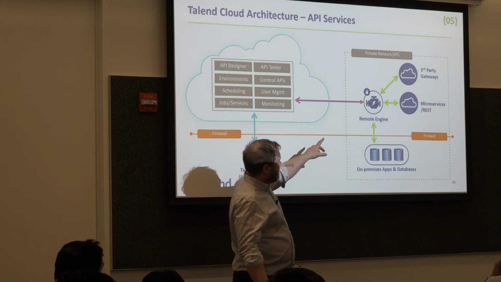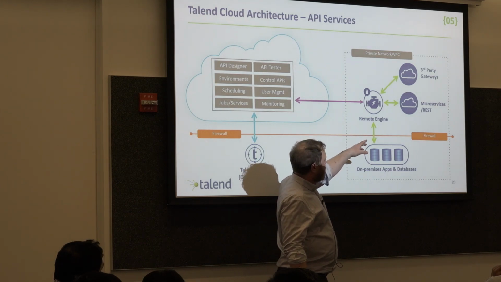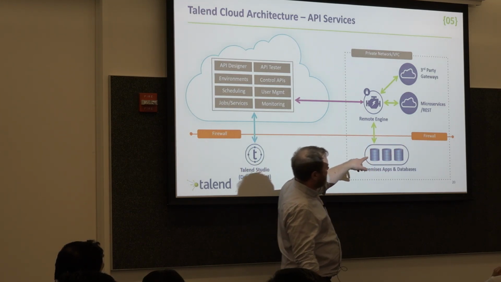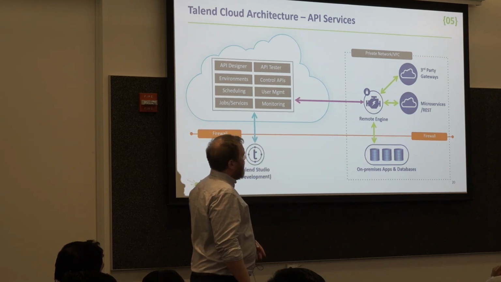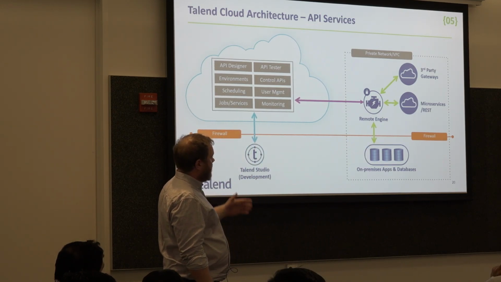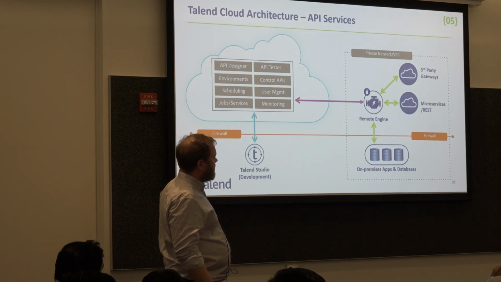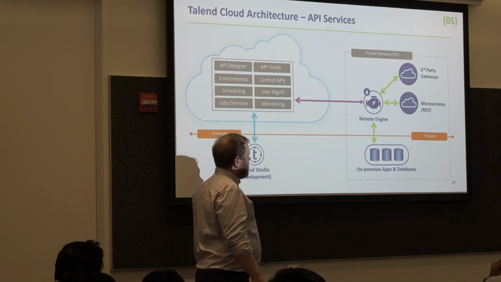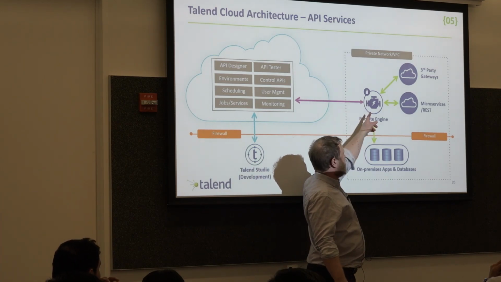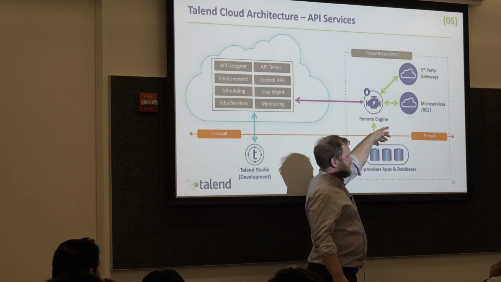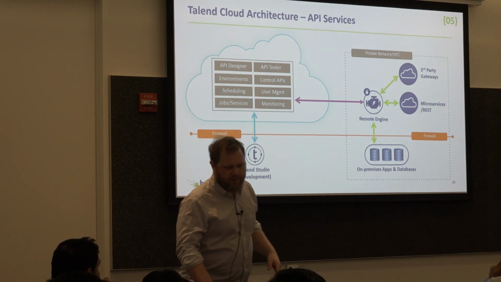With the remote engine, you've got a couple of different options. It doesn't show them on this diagram, but you could deploy it to a microservice. You could also set it up to work with a third-party gateway. But most of the time, the remote engine is going to see the deployment request, and it's going to deploy it to a runtime.